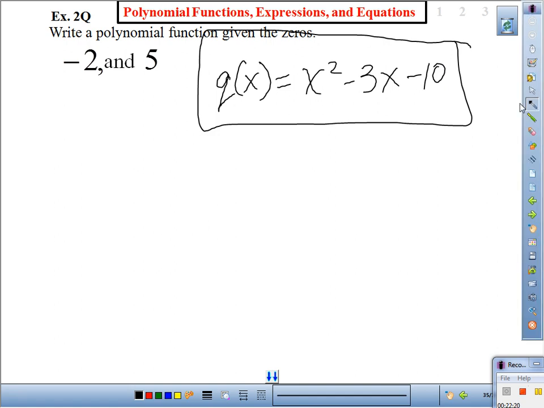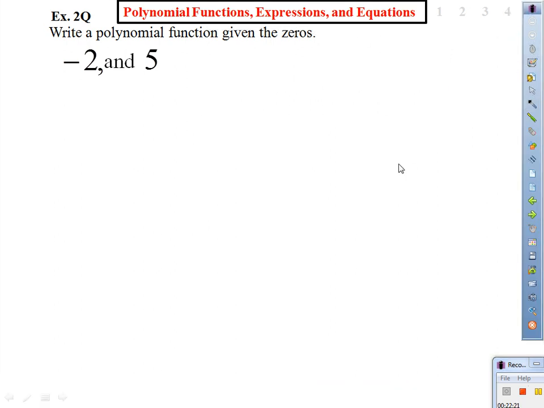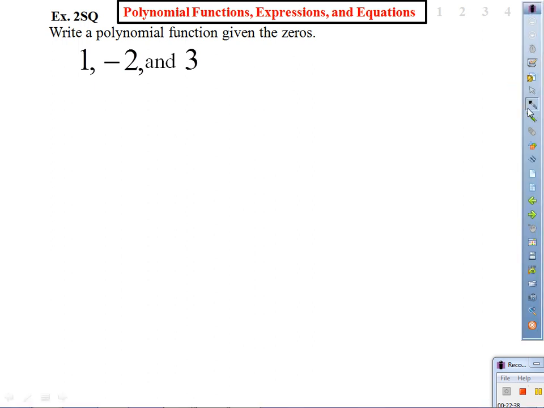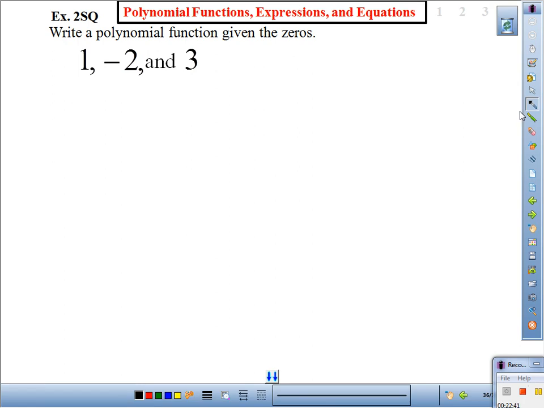All right. Look up, please. Don't copy this next one. I just want you to pay attention. Look up. Check this out. 1, negative 2, and 3. So what does that mean? That we're going to end up with a cubic function.